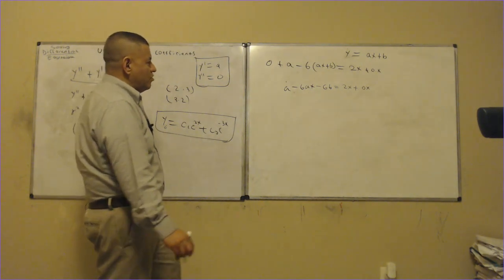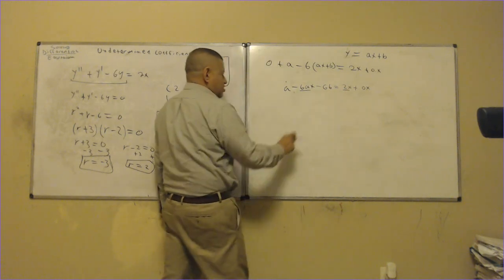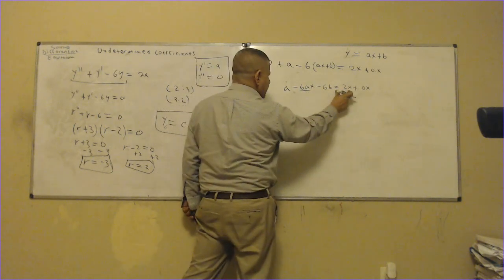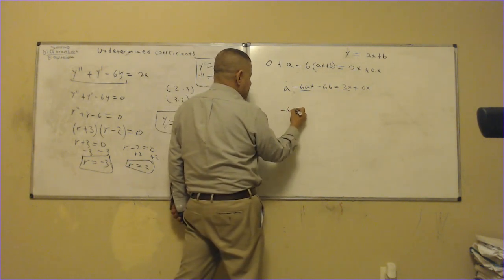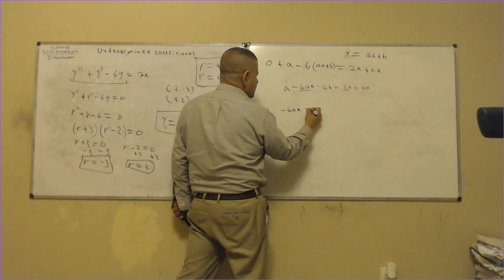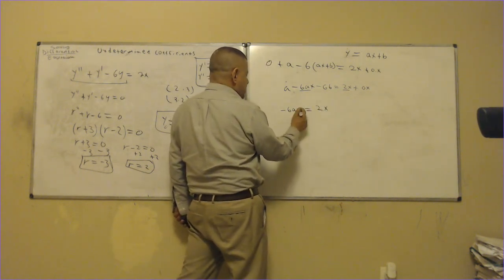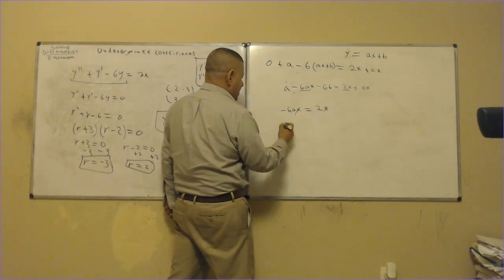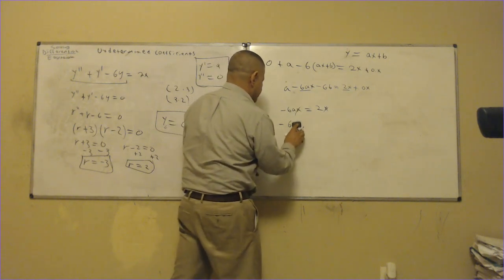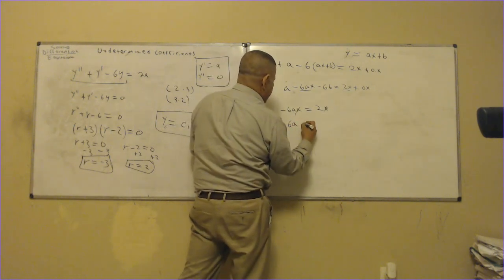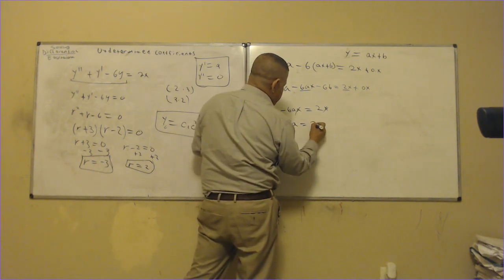Okay. So now what do I have? As you can see right here, you have some similar terms. So what I can do is set this equal to that, and I say that negative 6ax is equal to 2x. Now this x is gone, and I can say that negative 6a is equal to 2.